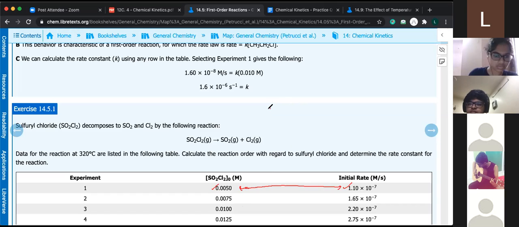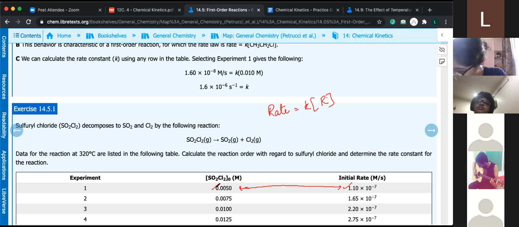So again, you have to use the same rate equal to K into concentration of reactant. Amala, check calculation. There is a small mistake in the exponent. It is off by a factor of 2. Jinein, yes, correct. Ritvik, correct. So if I take the easiest one, the third one, because it is 0.01, it will be easier. Its rate is 2.2.